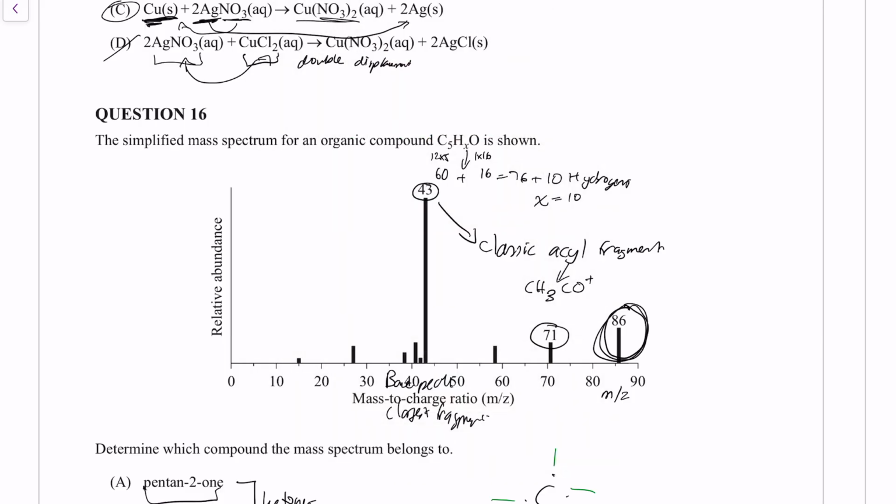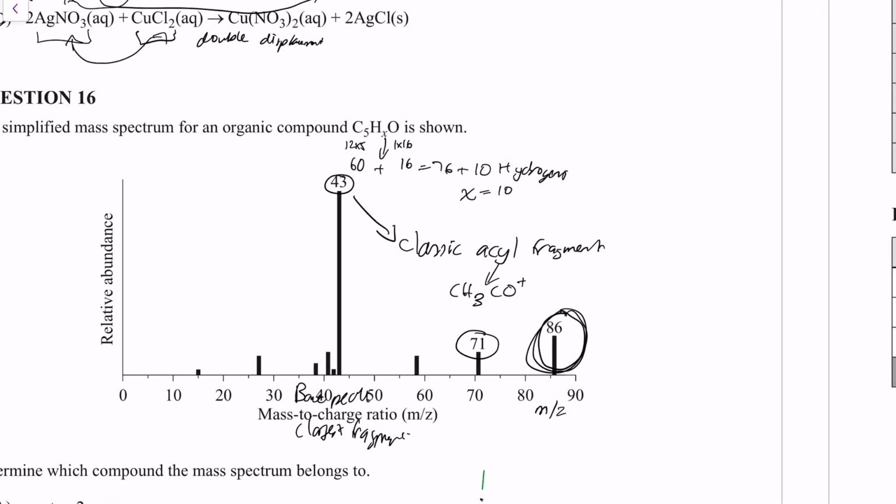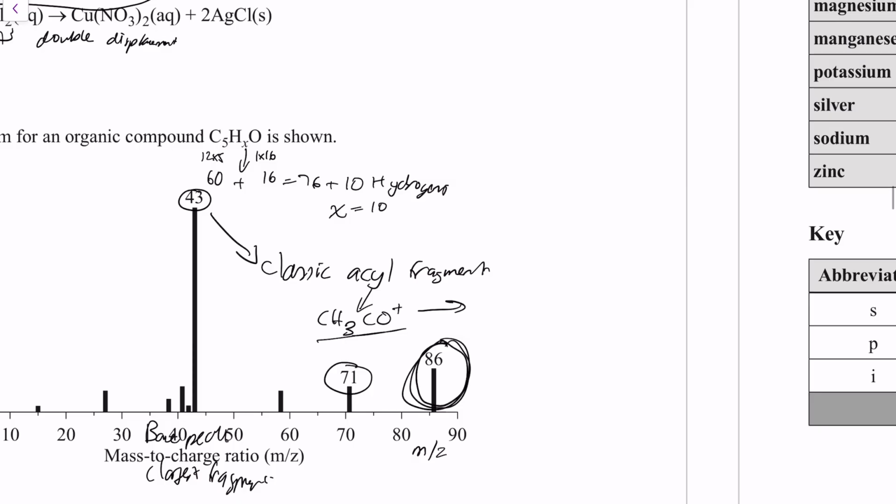But if you understand that 43 is a key number that really strongly suggests the presence of this acyl fragment, okay? And the reason for that is if we just calculate the mass quickly for CH3CO+, we have 2 times 12 because 2 carbons, 3 hydrogens, so 3 times 1, and 1 oxygen.